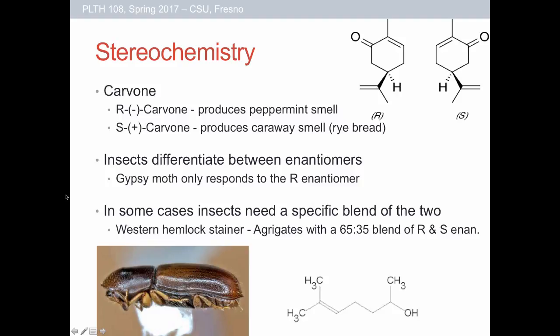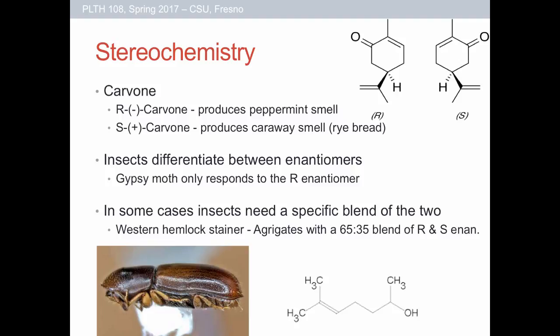And in some cases, insects can be really frustrating because they actually need a specific blend of these two enantiomers in order to recognize it as their sex pheromone or their aggregation pheromone. This guy, the western hemlock stainer, another forest pest, needs a 65-35 blend of the R and the S enantiomers, or else it won't recognize the host.